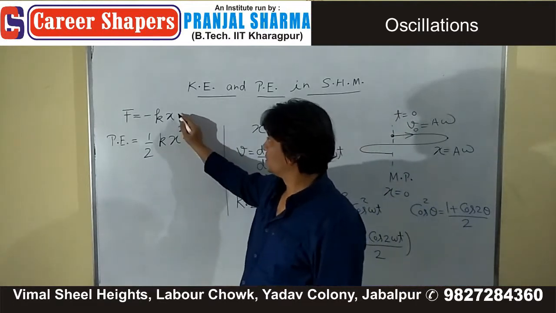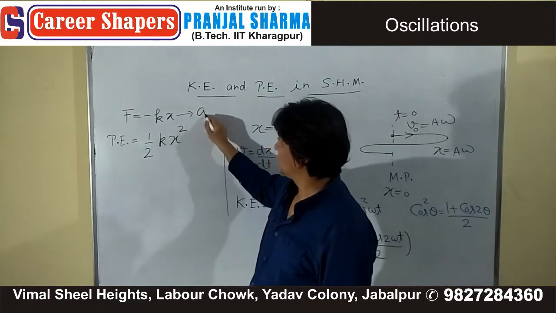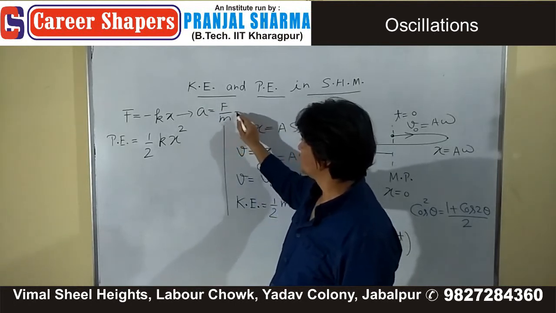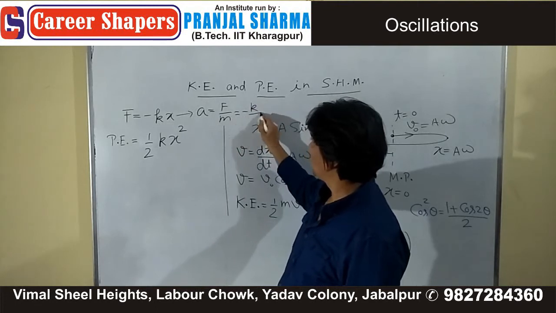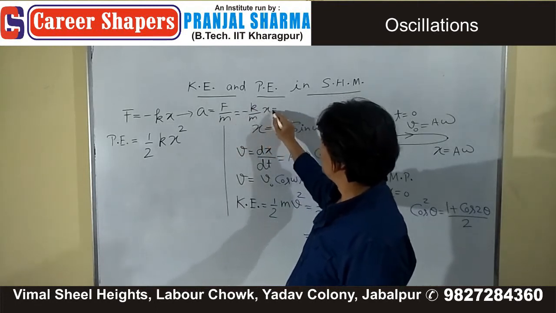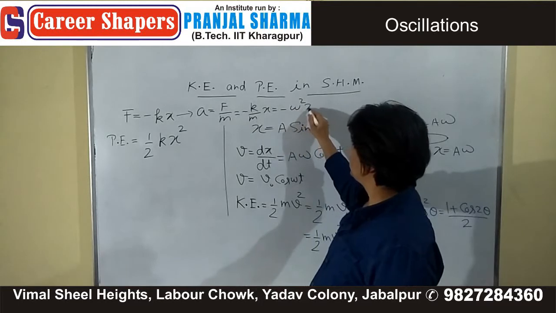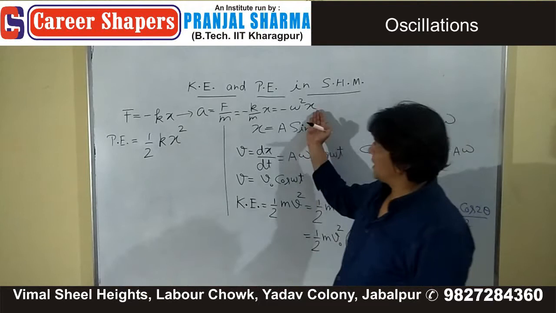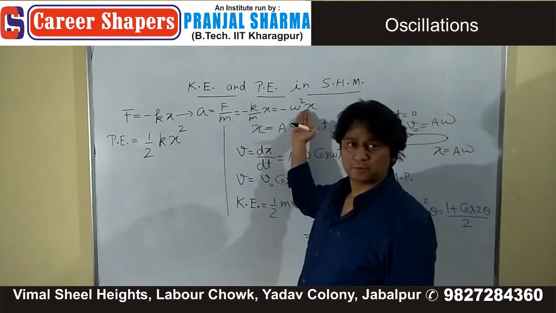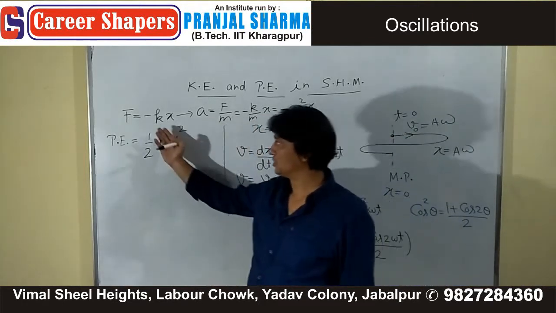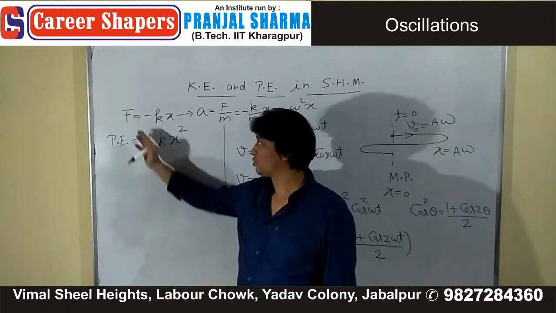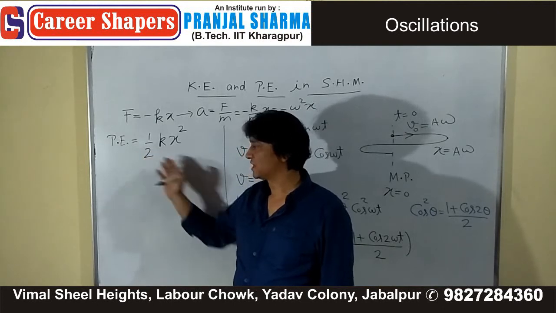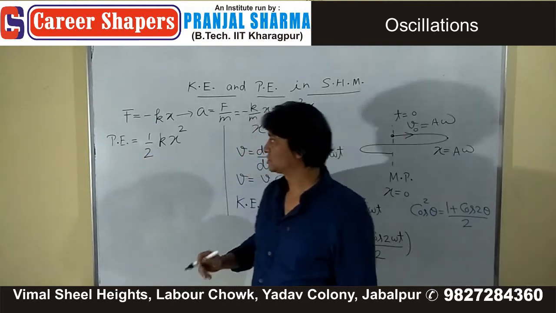From this, we get acceleration as force upon mass, which is minus k by m, which we write as minus omega square x. So for an acceleration system of this type, which represents simple harmonic motion, with a restoring force proportional to x, potential energy is given by half kx square.